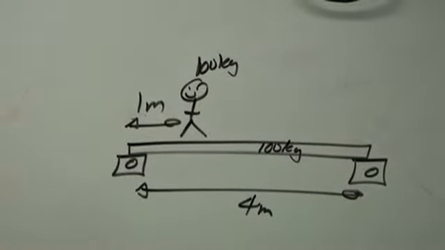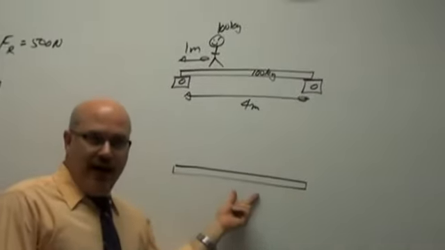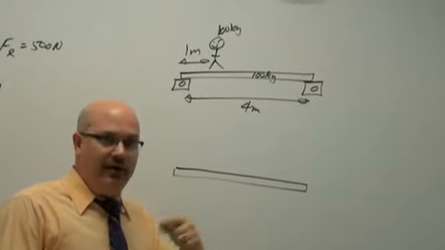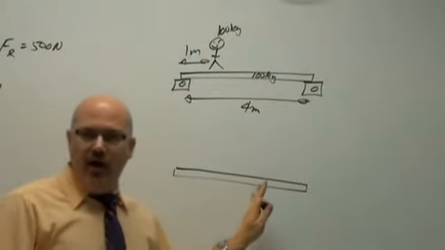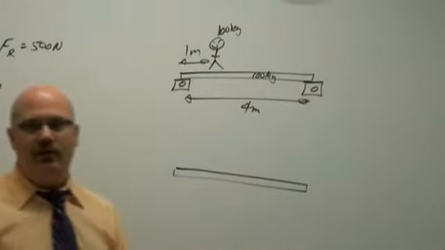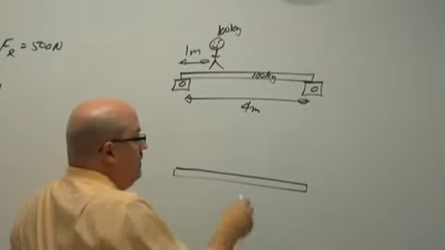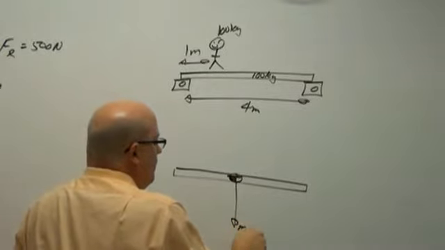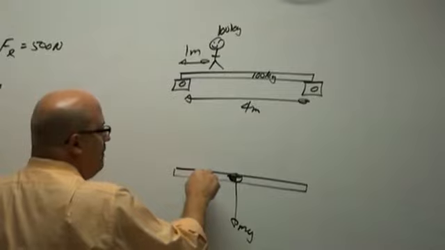Okay, everybody, first things first. Will you please draw your free body diagram, and this time it's important that you draw the forces where they're located. Draw all your forces on this object, and make sure you draw them where they're located. We got the one from the center of gravity. We got the person one, and that one's going to be right here.